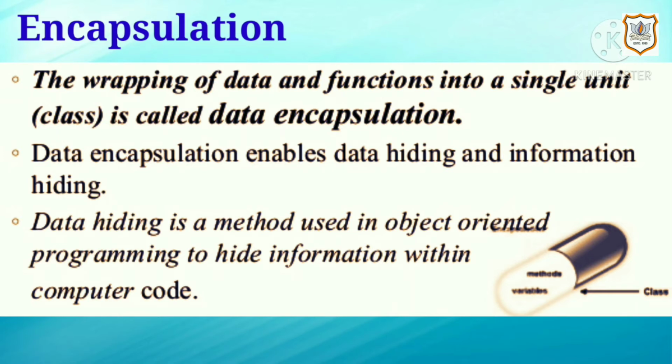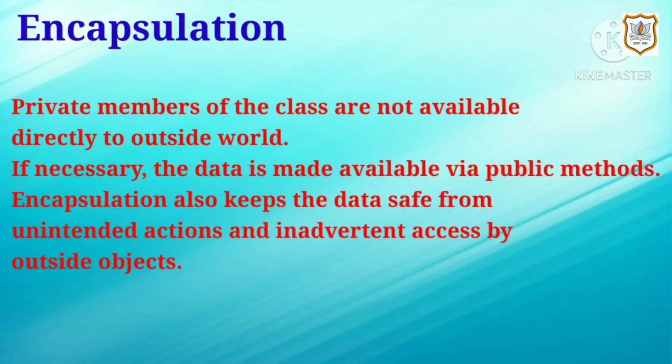Encapsulation means the wrapping of data and function into a single unit is called data encapsulation. Data encapsulation enables data hiding and information hiding. Data hiding is a method used in object-oriented programming to hide information within a computer code. Private members of the class are not available directly to the outside world.